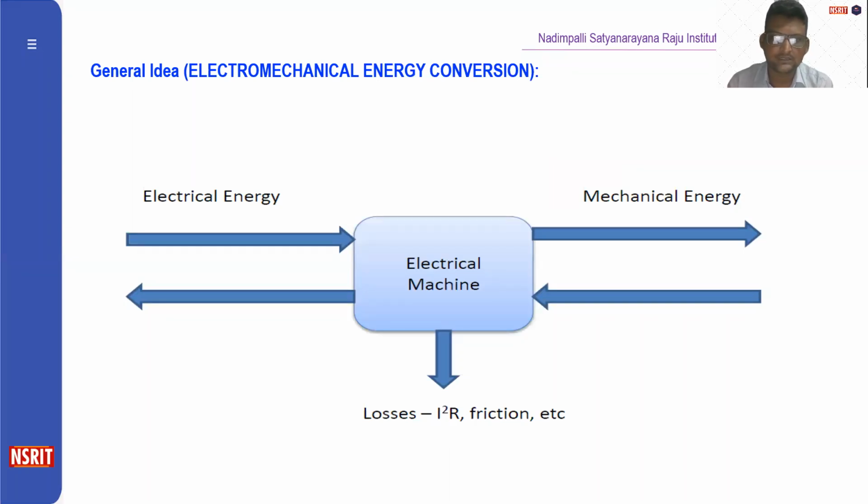In this figure, the input is electrical energy and we are getting the output as mechanical energy and vice versa. Mechanical energy is input and we are getting electrical energy as an output.